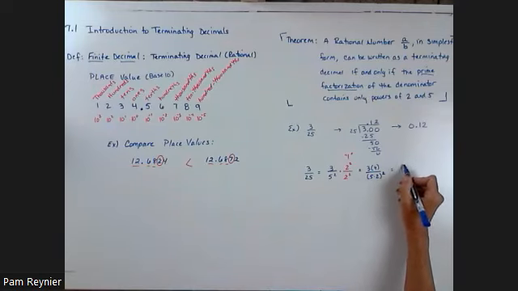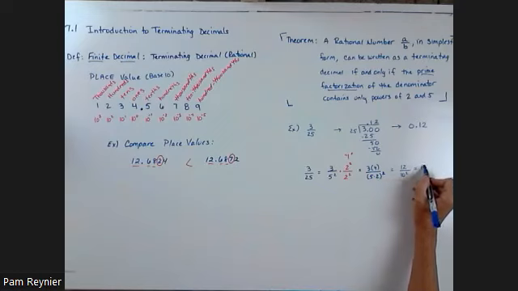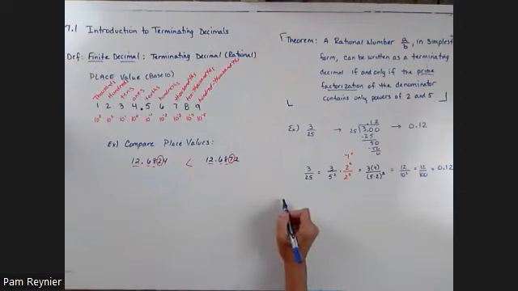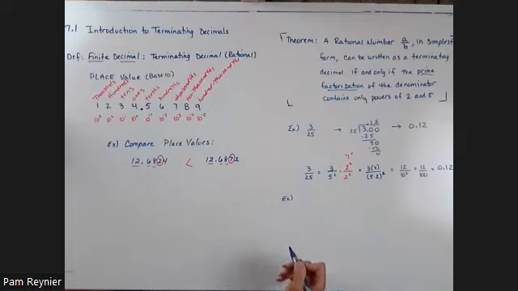This now gives me 12, and this now gives me 10 squared. That's 12 over 100. So that means our last digit, the 2, has to land in the hundredths column. Tenths, hundredths. So what I want to do is create powers of 10 in the denominator. Let's do it again.